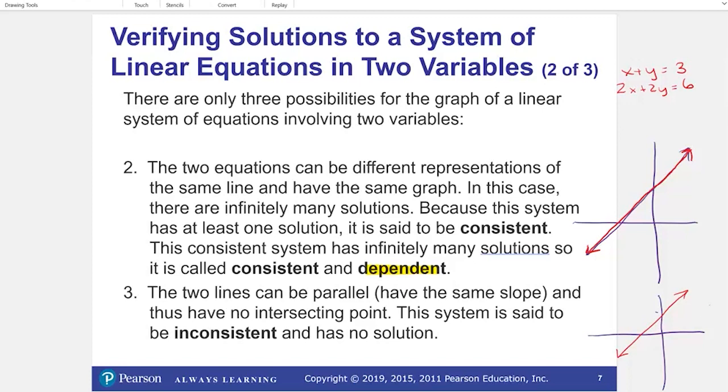They basically run next to each other and they never intersect. So we can see here that if you have two lines that are parallel, which means they have the same slope, then this is inconsistent because there's no place that these two lines will cross, so there's no solution, okay?